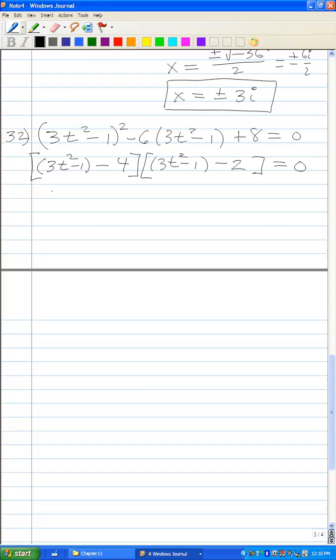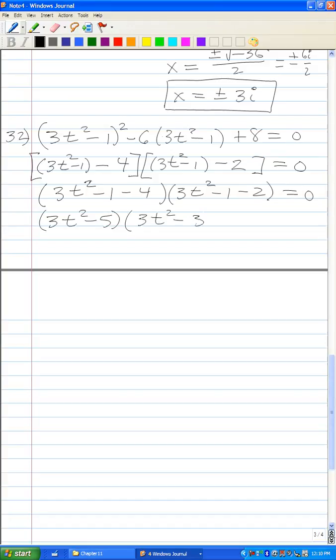And so I get, forgot the exponent, (3t² − 1 − 4)(3t² − 1 − 2), removing the parentheses. Combine like terms, so I get (3t² − 5)(3t² − 3) = 0.